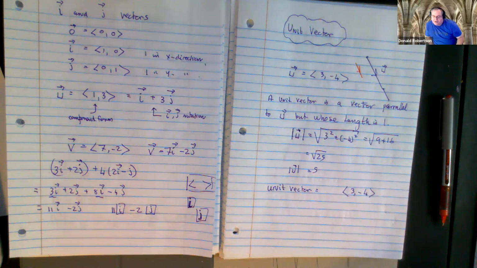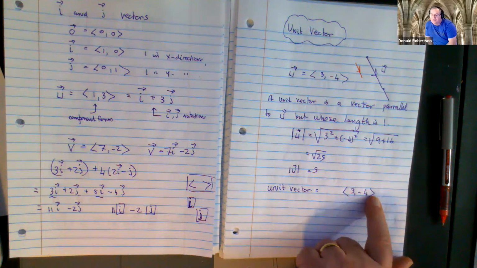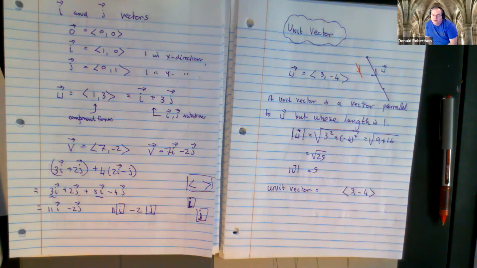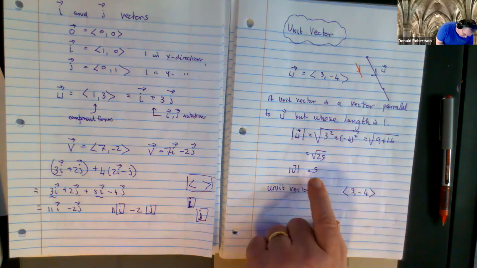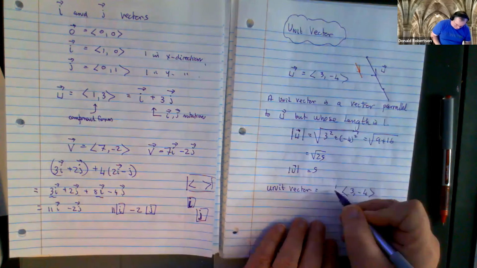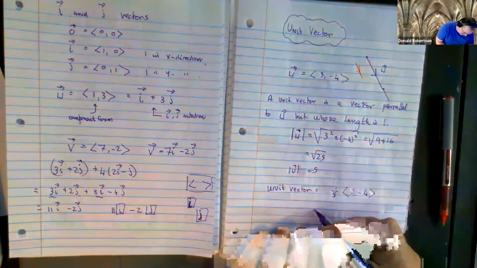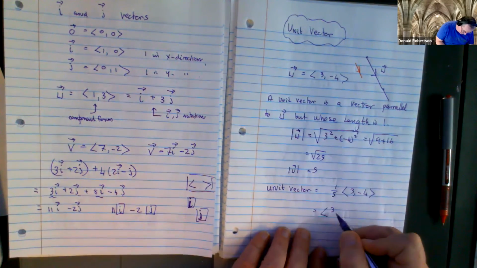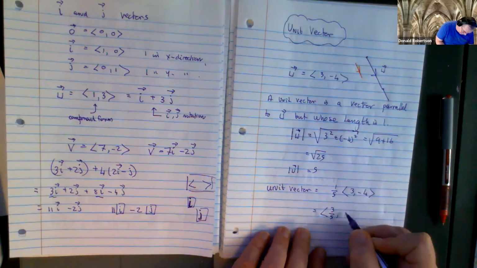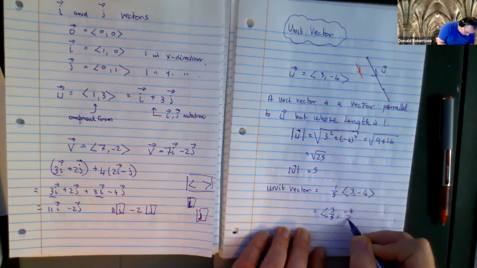Because right now this guy is 5 units long. So how would I make it 1 unit long? Divide by 5, and we will call that 1/5. So your answer will be 3/5, negative 4/5, and that's the unit vector.